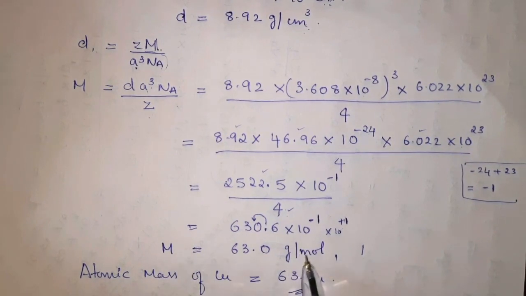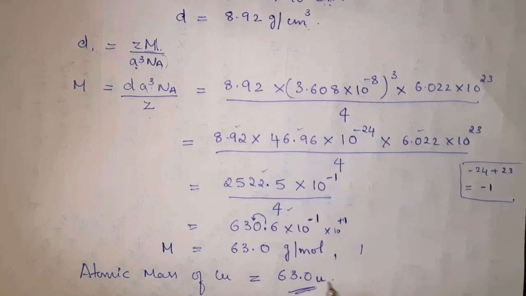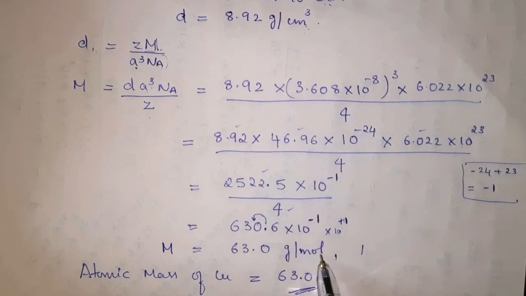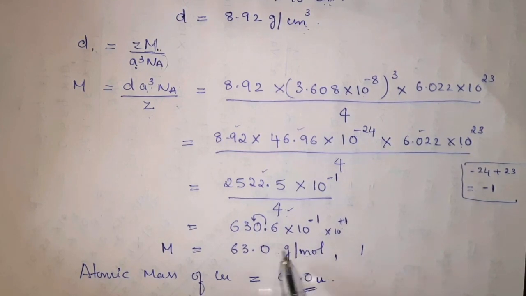So molar mass will be gram per mole, that is this much gram in 1 mole. The atomic mass of copper is also the same, you just have to write it as U, because 1 mole of copper has the same mass, atomic mass and molar mass both will be the same number. Just the difference is only in the unit.